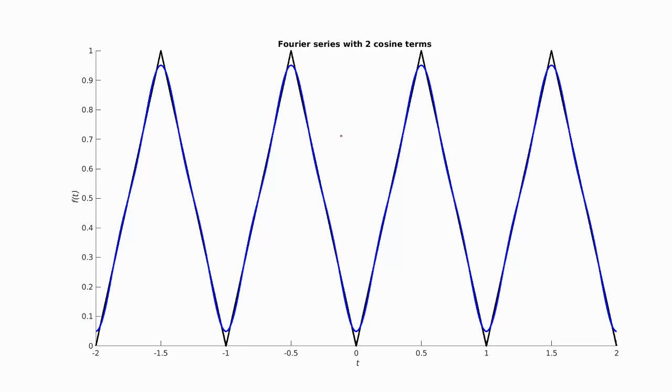Now if I increase the number of cosine terms to 5, then this Fourier series shown in blue approaches the exact function even closer. And if we keep increasing the terms, at 10 terms we are pretty close to the exact triangular wave.